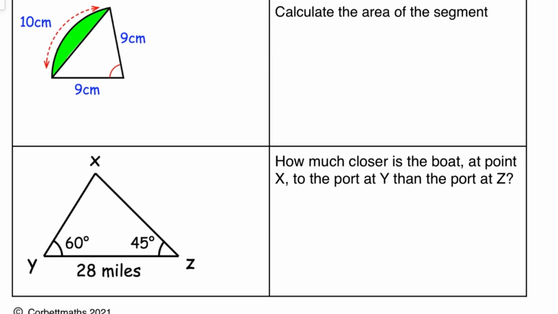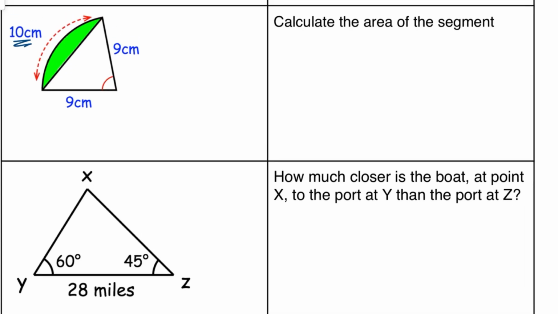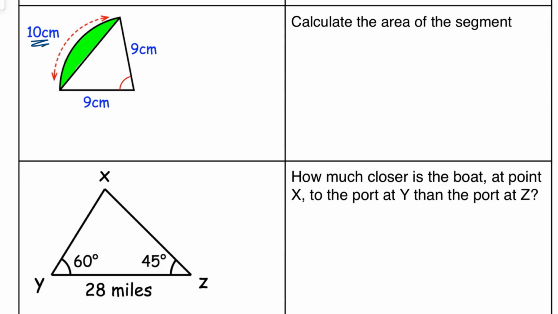Next question. Calculate the area of the segment. Right, doesn't give me an angle. How am I going to do that? Oh, of course it doesn't give me an angle because it gives me a length of the arc. Right, okay. Some really difficult questions today. I need to use the arc length to work out the angle here.